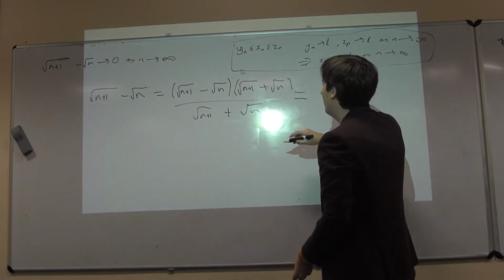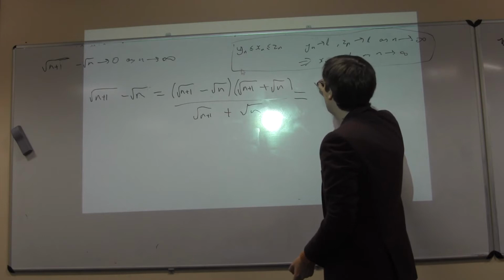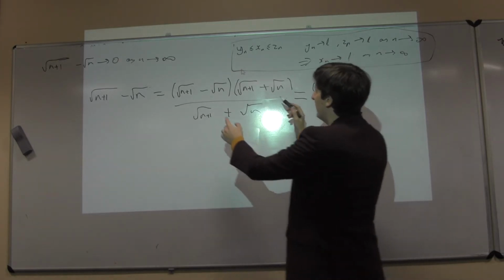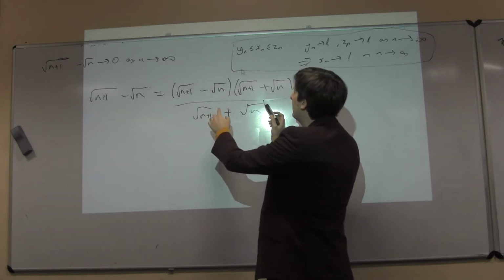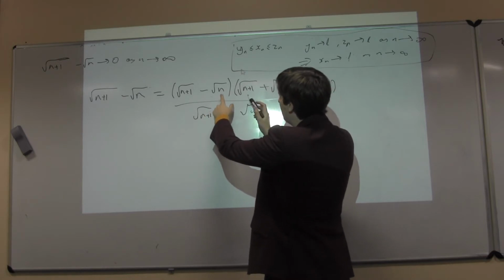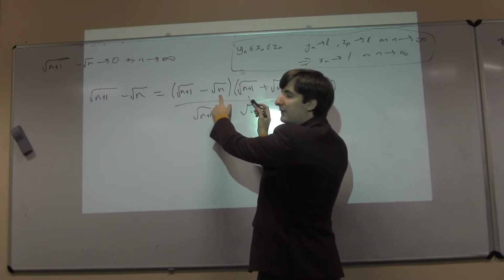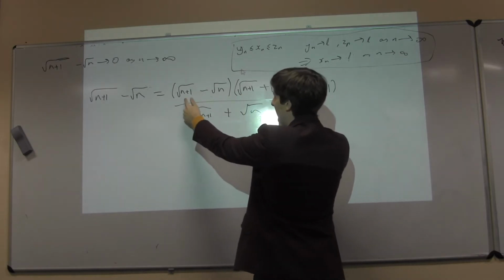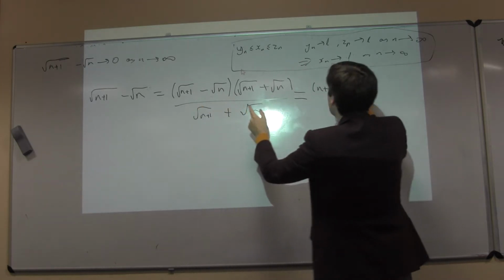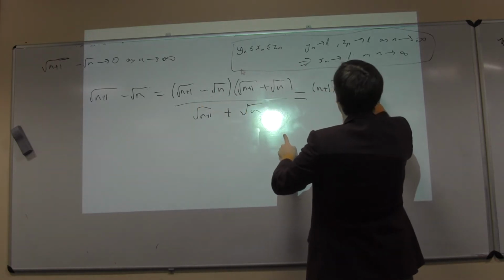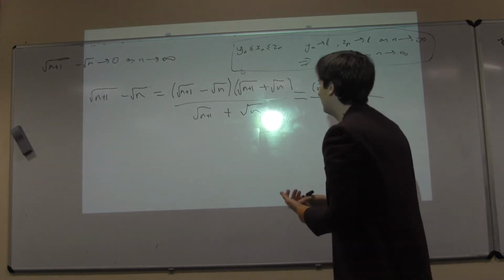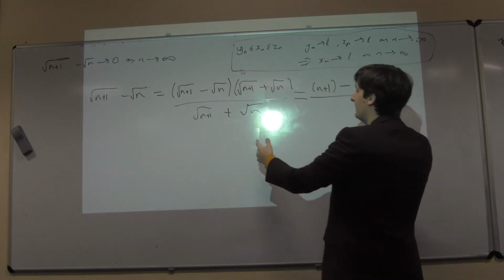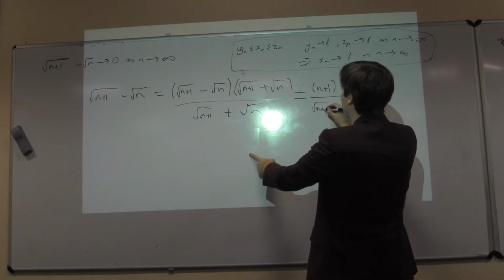So when you multiply out this top bit, this is giving you n plus 1, and the interaction terms are going to cancel out, so we get minus root n plus 1 plus root n plus 1, so they cancel out, so we get n plus 1 minus n. That's why it was equals; there wasn't a typo in the book, I'm sorry, and the bottom is still the same as what it was.